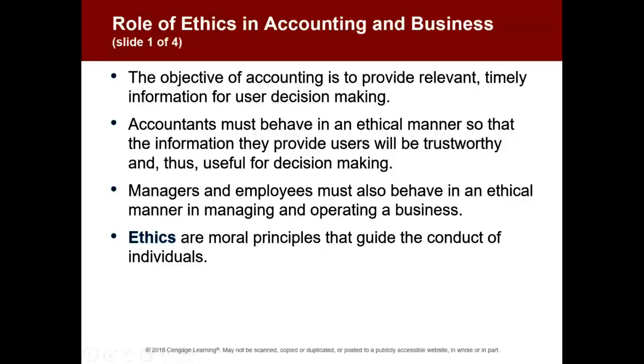There are moral principles that we hope our accounting and finance people are following to help guide them on how to conduct their business. And, of course, the unfortunate reality is we don't always have ethical conduct in the world of business by businesses and the financial people that are running the business. And because of that, we need some sort of oversight.